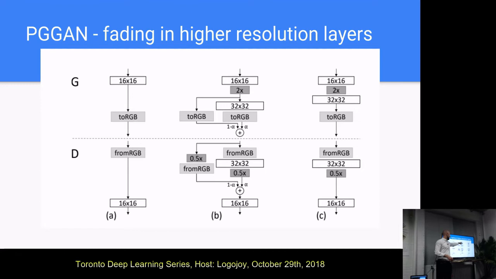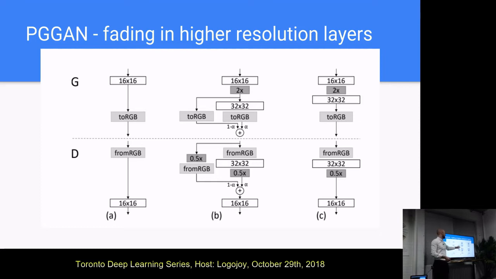So we pass our data through the 16 by 16 layer. We upsample it 2 times, so it is 32 by 32. Then the proportion alpha gets passed through the new 32 by 32 layers, while the proportion 1 minus alpha does not get passed through the 32 by 32 layers and just goes directly to the discriminator.